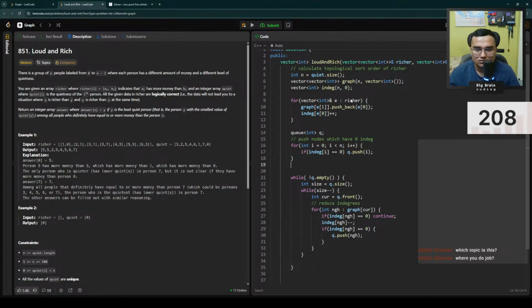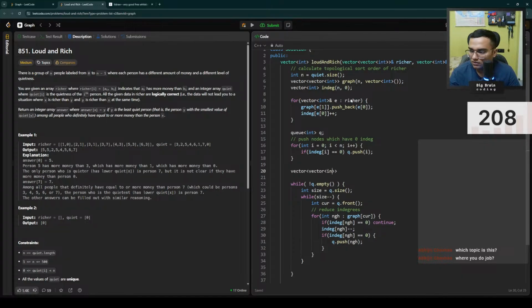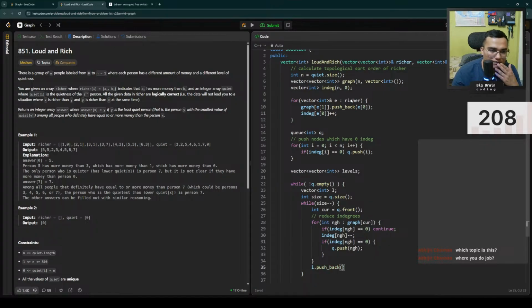Right. So let's create that vector of vector int levels. L dot push back.